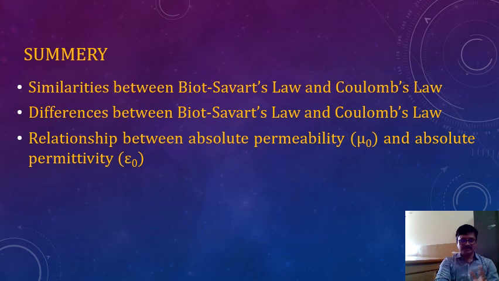Okay, so with this note I would like to say we are done with this particular session. In my next session I'll come up with applications of Biot-Savart law, that is the derivation of a magnetic field due to a circular coil along its axis. So that particular derivation we'll see in my next session.